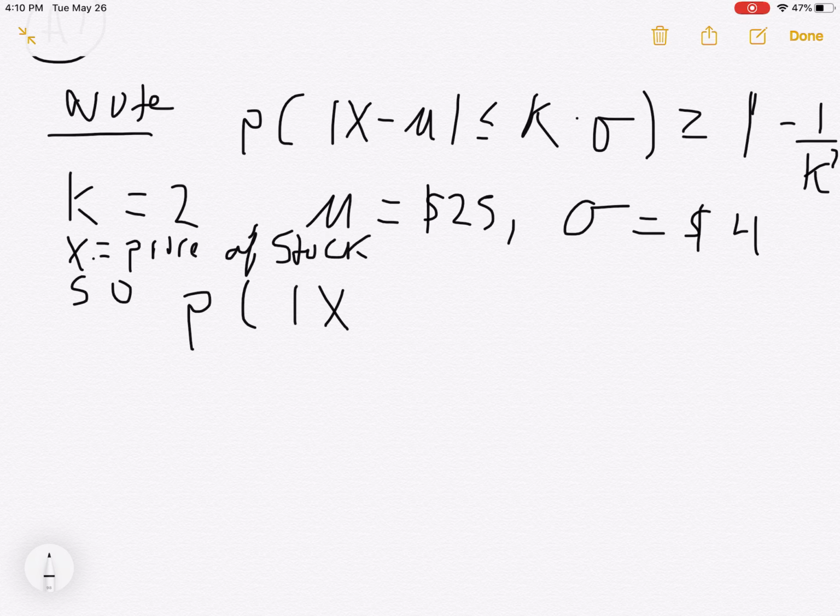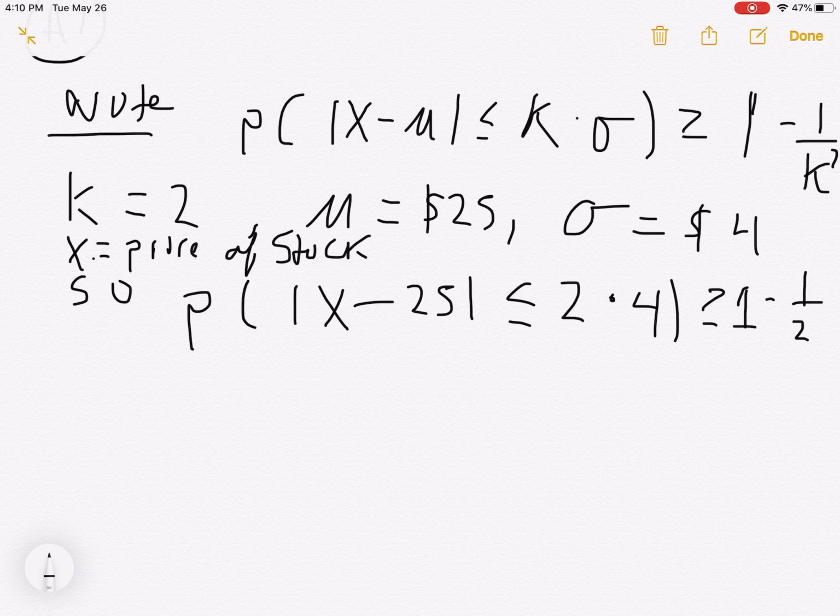If you did, well, you'd be rich. |x minus 25| is less than or equal to k, which is 2, times sigma, which is 4, is at least 1 minus 1 over 2 squared.